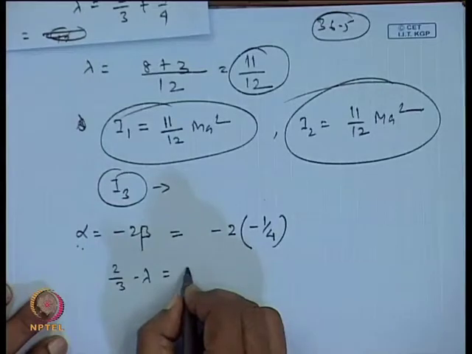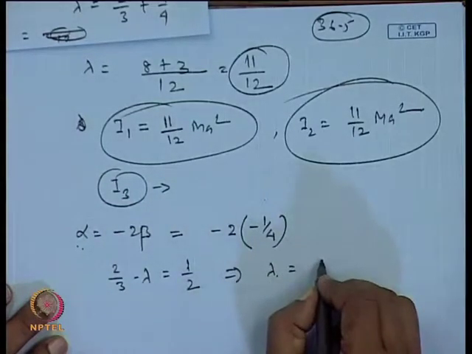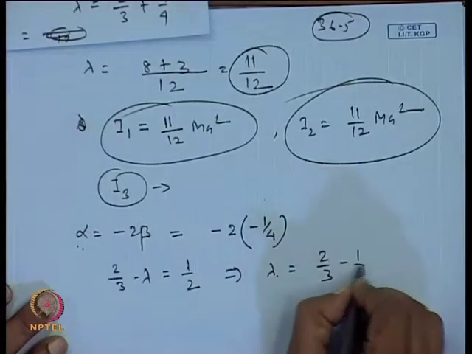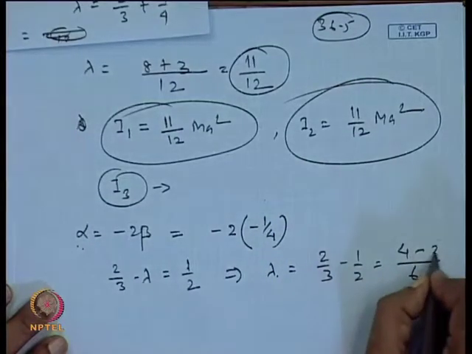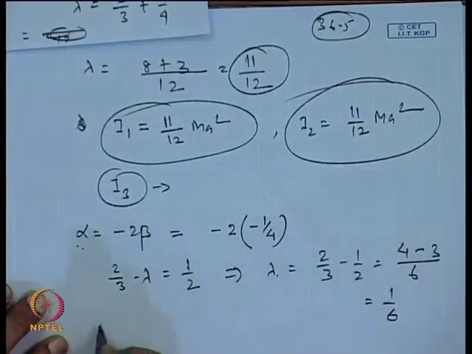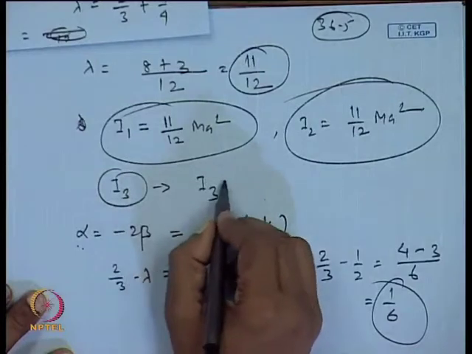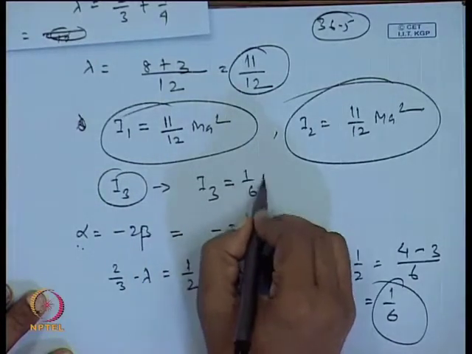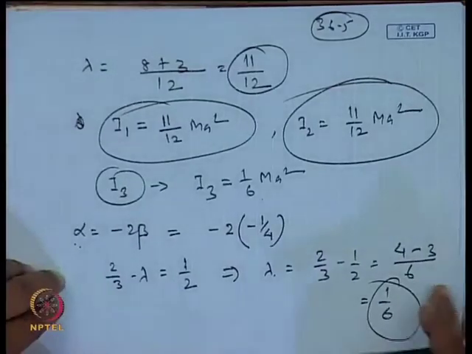So, this becomes 1 by 2, and this implies lambda is equal to 1 by 6. So, I 3 will be equal to 1 by 6 m a square. Okay. So, these are the three principal moments of inertia that we have just now worked out.